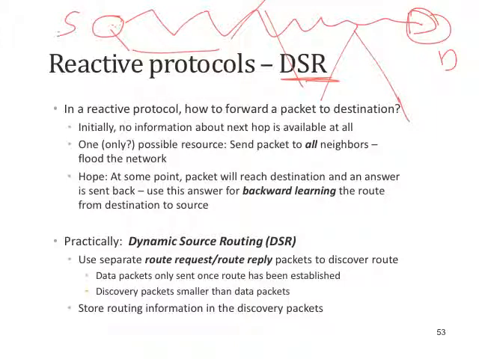Either the actual cost of the end-to-end path that you established 3 seconds ago has increased, or maybe you have no end-to-end connection from that path at all because the nodes are moving. So in general, reactive is not efficient for dynamic networks. That's in general.